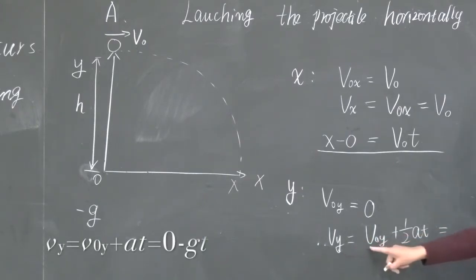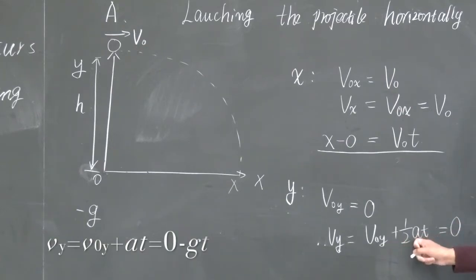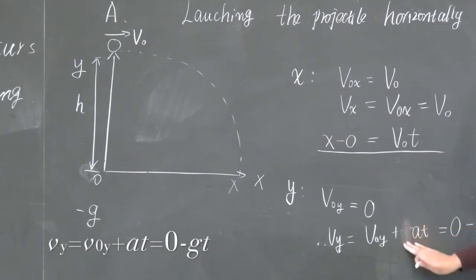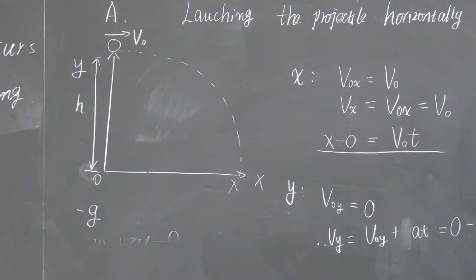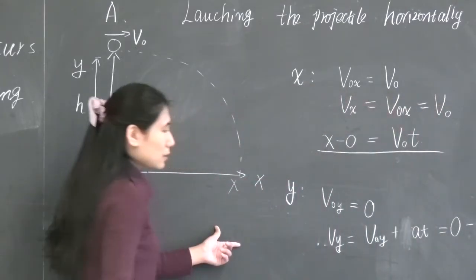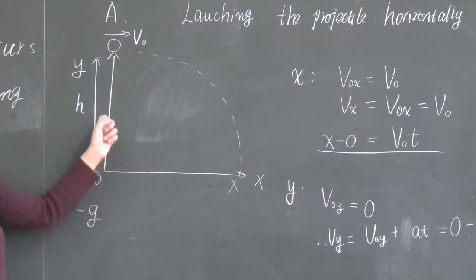In this case v naught y is 0, and here a is the gravity, which is negative g, so Vy equals negative g t. So along the y direction with time change, the velocity Vy equals negative g times t.